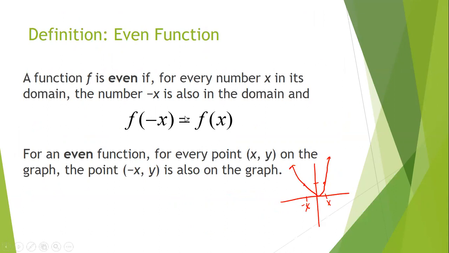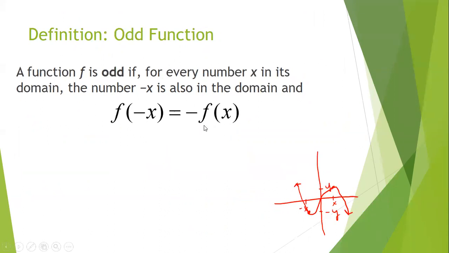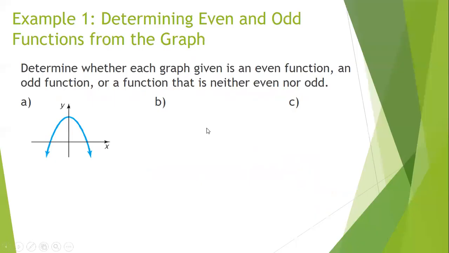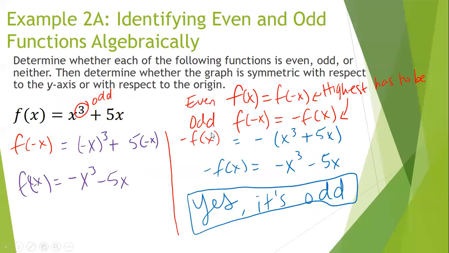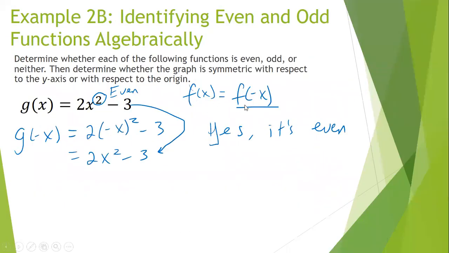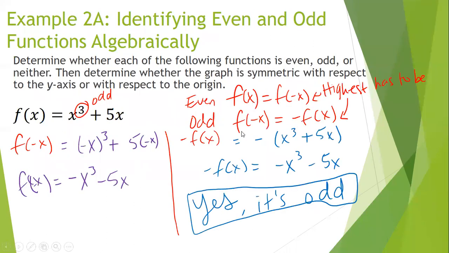And because it's even, we already have f of x. So we're just verifying that f of negative x is still going to be unchanged. Got it? Good question. Even is always f of negative x equals f of x. And odd is always f of negative x equals negative f of x. Odd has a little more to do.